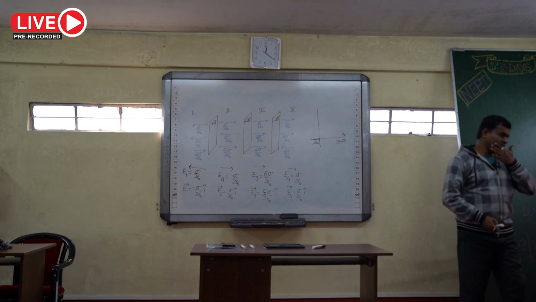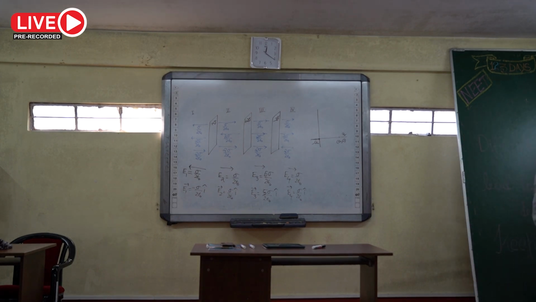Another charge is on the x-axis at point a comma 0. The other charge is also given in the problem, that is plus small q, at a comma 0.